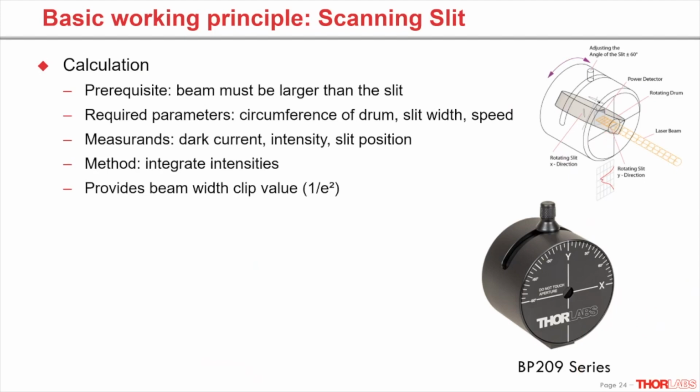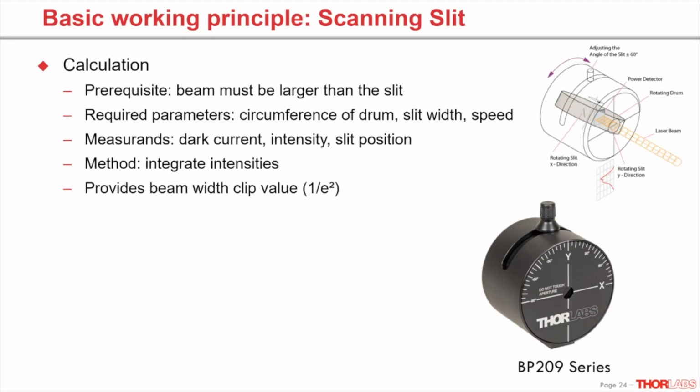For calculating the beam parameters, the circumference of the drum, the slit width, and the speed of the drum need to be known. The calculation of the beam profile is performed by integrating the measured intensities for both X and Y direction.